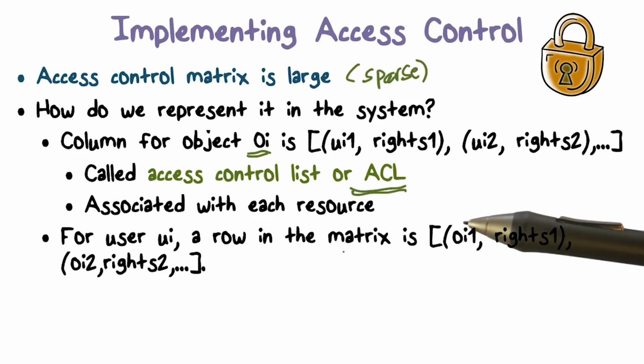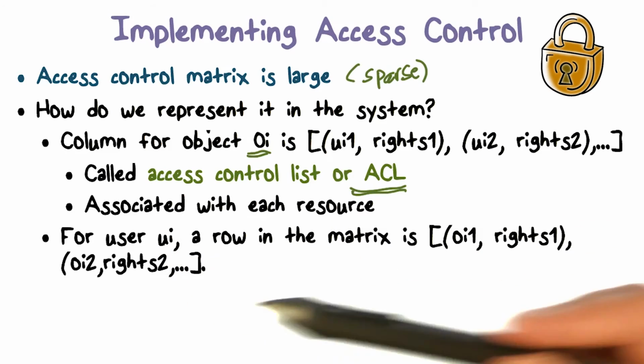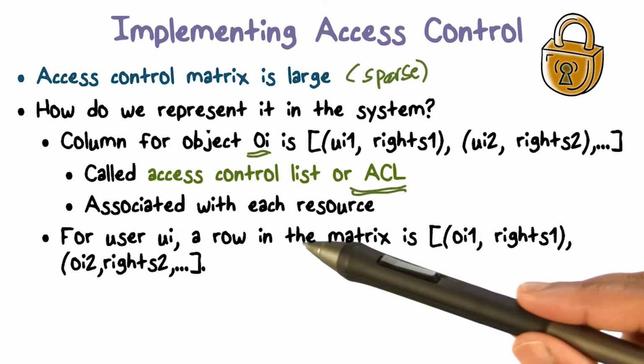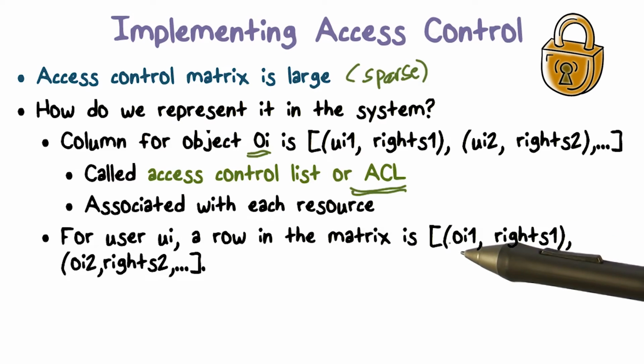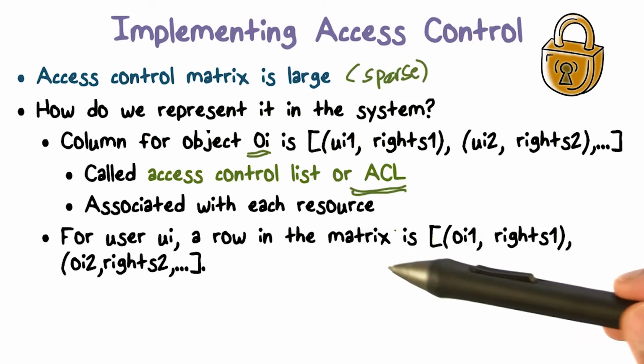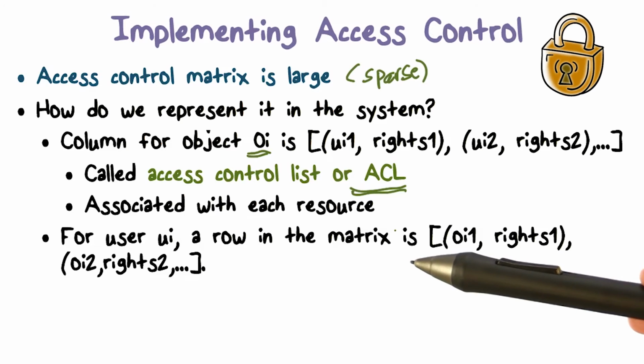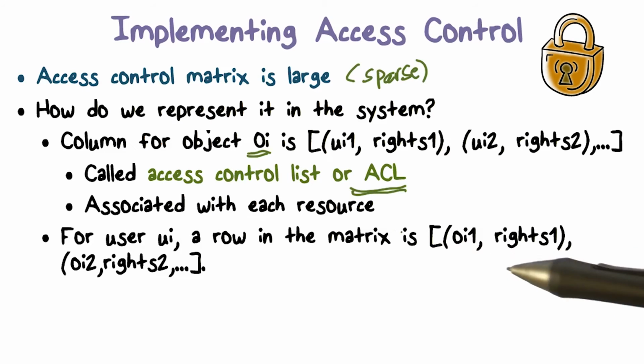There's another way to think about how we can implement it. Rather than focusing on columns, we can focus on rows. And we know that rows correspond to users. So we can go horizontally across a row and ask, what would we see? If it's a sparse matrix, this user Ui is not going to have access to most of the objects, but he or she will have access to some objects.